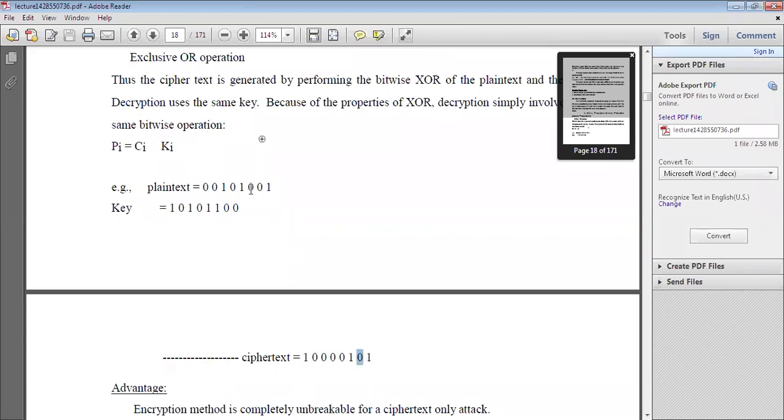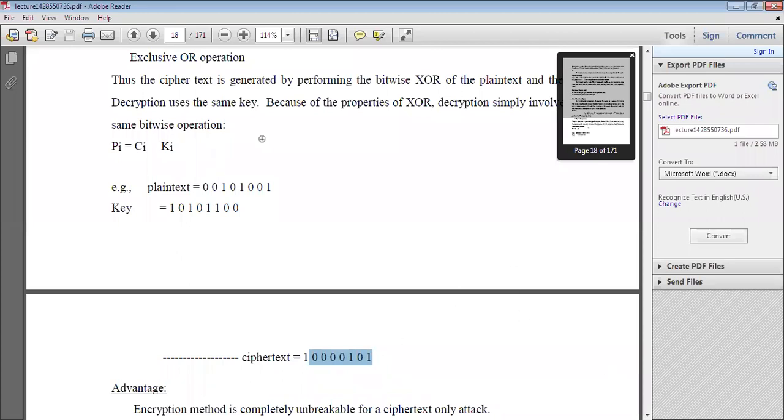Next, third one, 0 and 1, so the value is 1. Next one, 1 and 1 means 0. Next, 0, 0, 0. 1, 1, 0. 0, 0, 0. 0, 1, 1. Like this way you have to convert plain text to cipher text along with the key.